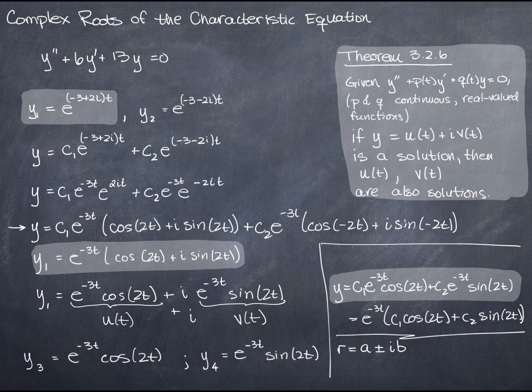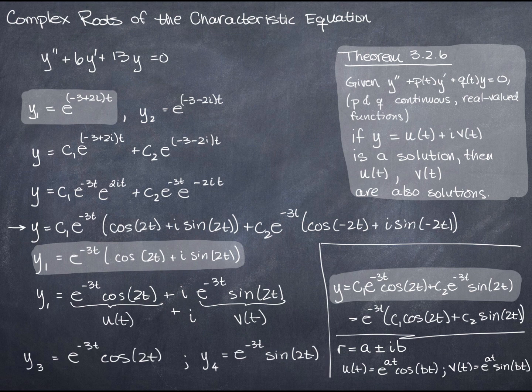But with that aside, it turns out that your u of t is going to be e to the at cosine of bt, and v of t will be e to the at sine of bt.